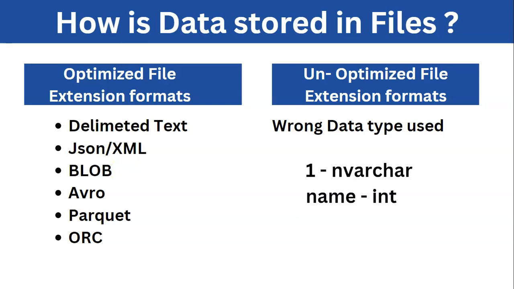Blob is basically said to be a binary large object. Binary object means what? Whenever you are trying to store any semi-structured or unstructured data, the machine breaks down the entire data in the form of binary, that is 1 or 0. So blobs are used to store semi-structured or unstructured data.